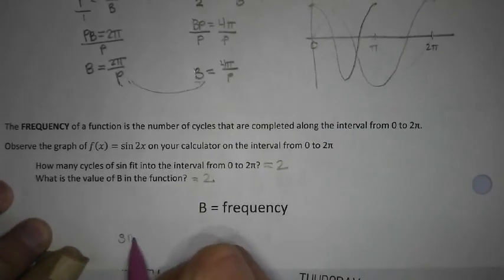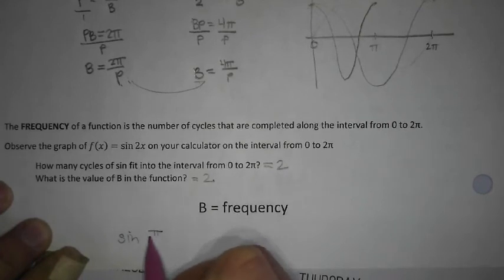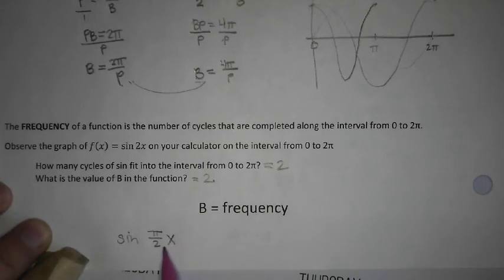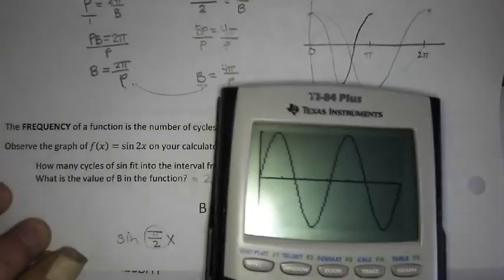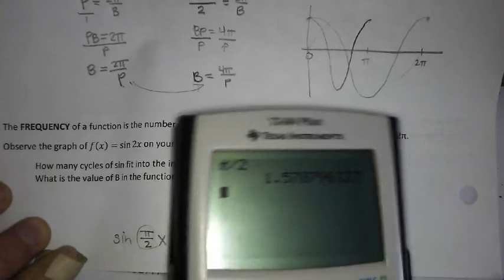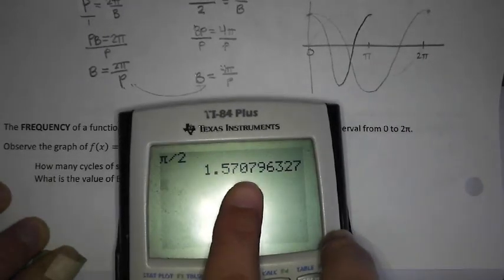Now this gets a little bit tricky. Think about this example. Our b is not a whole number there. Our b is pi over 2, which means our frequency is 1.57.